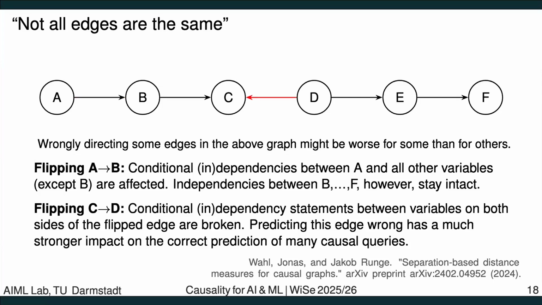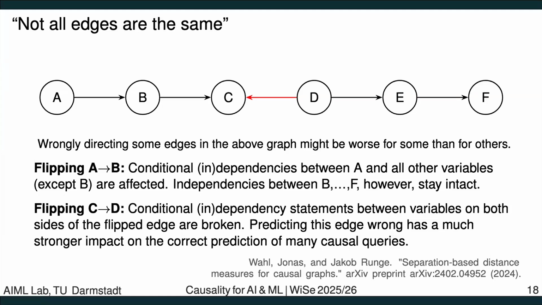So again, we do the same thing for another edge, and now we direct C to D in another direction. And now we have a much stronger effect on our causal inferences, right? Because now basically these variables split up into two groups.